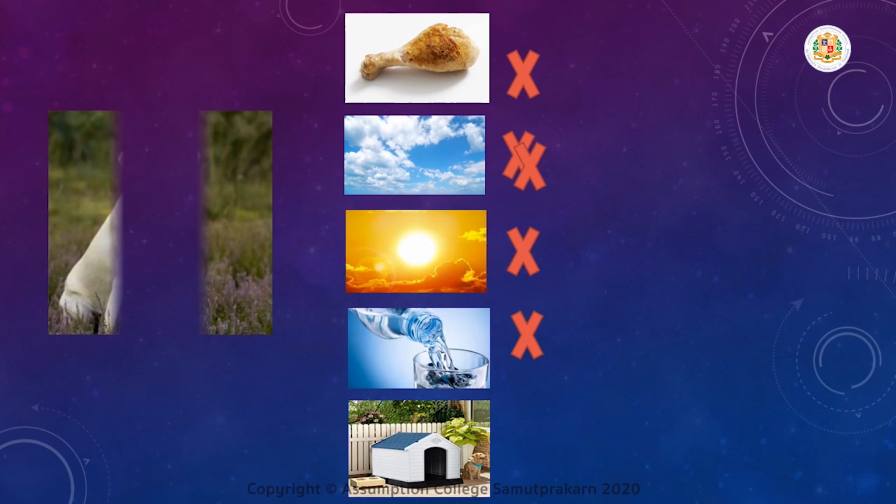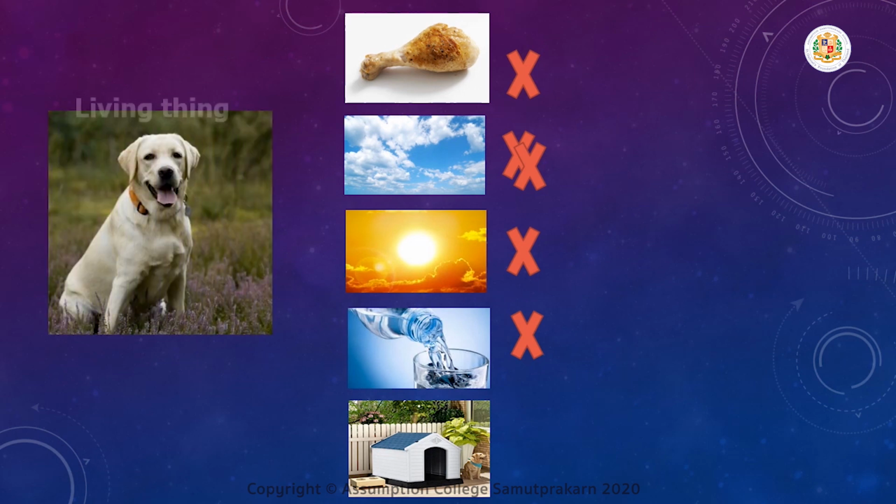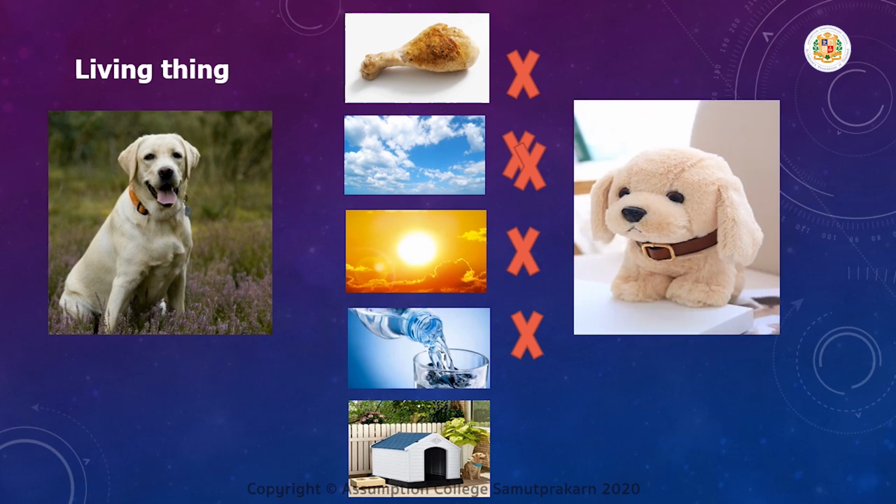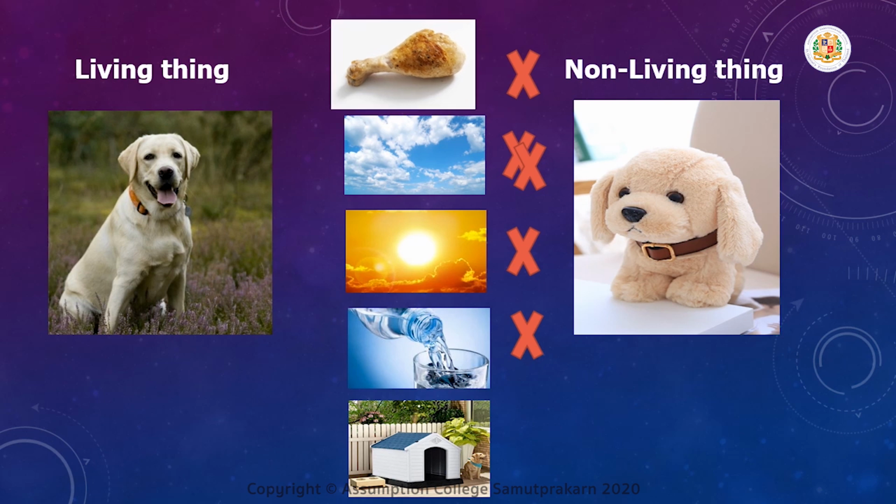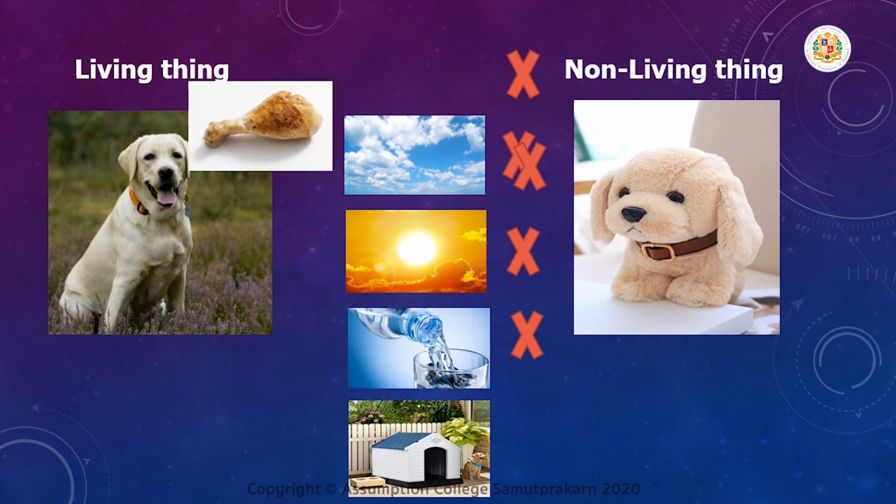Okay? Alright, I have a dog. This dog is a living thing, and this dog is a non-living thing. I have the things that they need. For example, I have a chicken leg. Which dog needs that? The living dog will need that because it is a living thing. And this one does not need food.